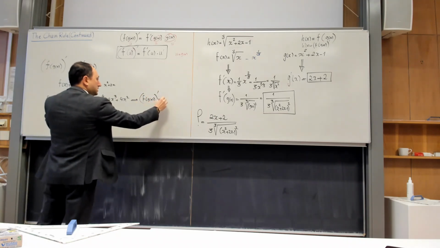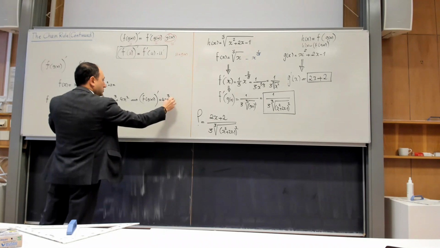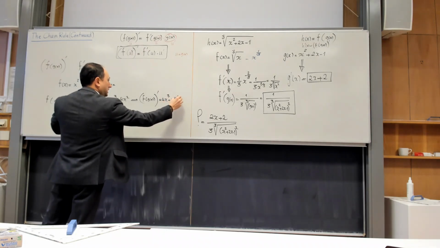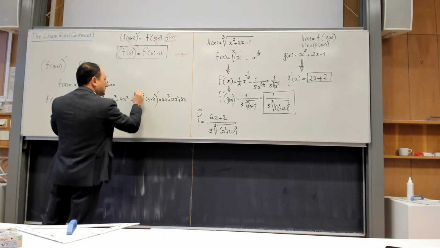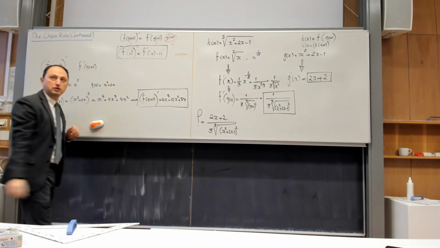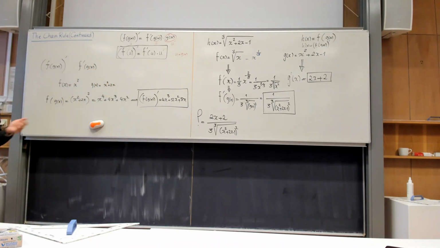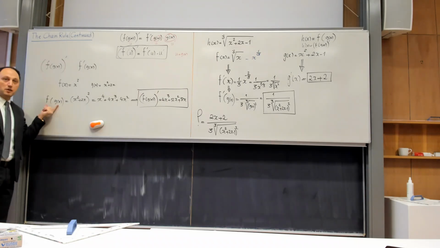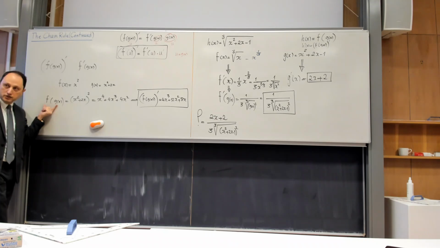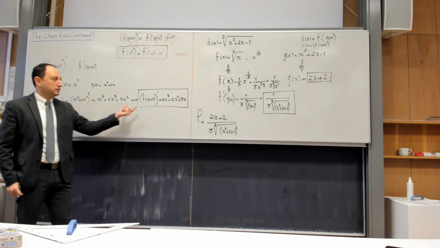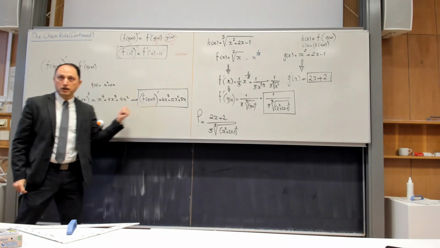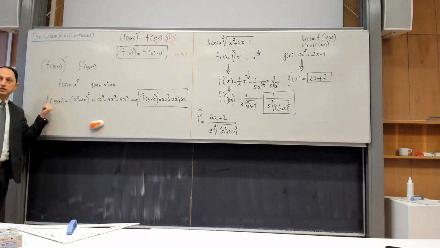It's 4x cubed plus 12x squared plus 8x. So in principle, they don't know anything about the chain rule, but they can still solve the problem exactly like this. But remember, the person who solved the problem did the substitution process first and then started the differentiation process. So here, substitution comes first and then differentiation comes after that.